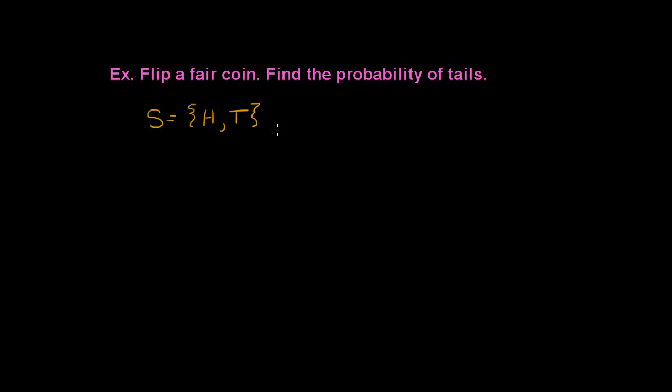Each one being a simple event. The probability of tails, that is a simple event. So we could write it as P of T. Probability of tails. That's how you would read that. And based on what we know about this sample space and fair coins, we would expect that to be 1/2, right? We don't have to even do any kind of experiment. We know what that would be.